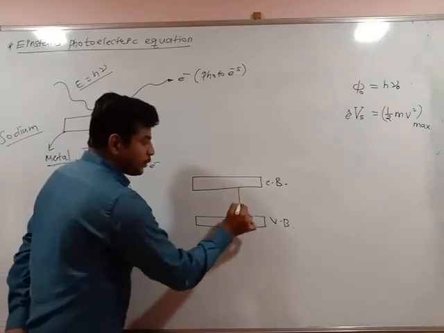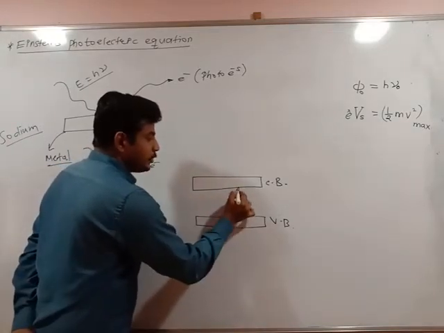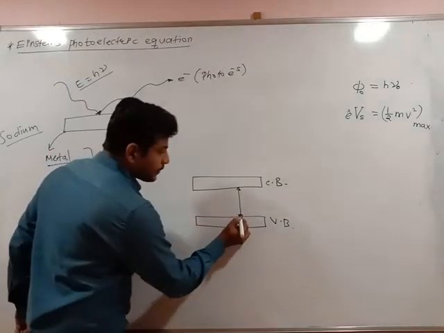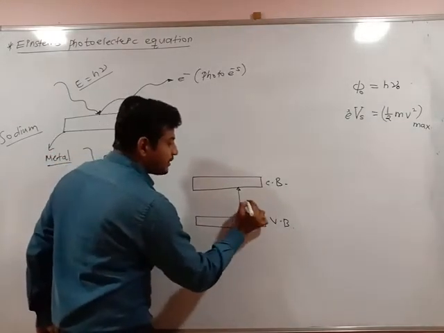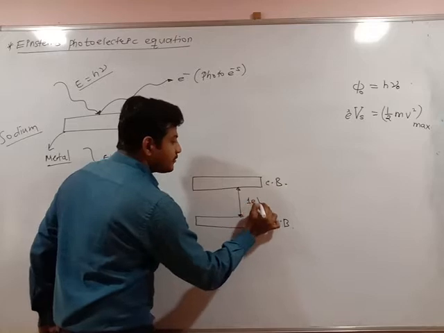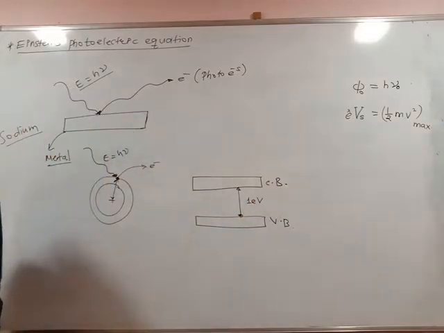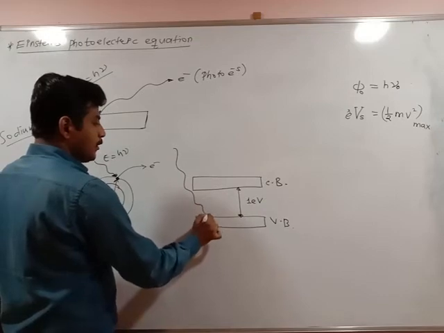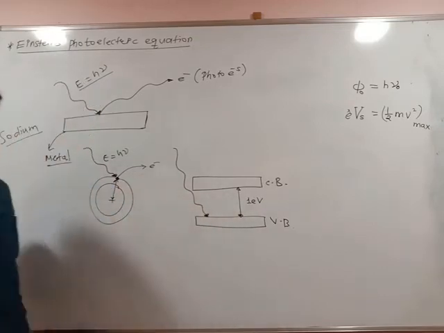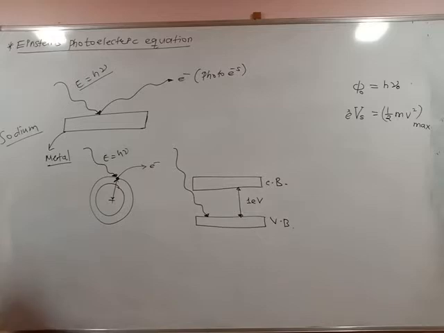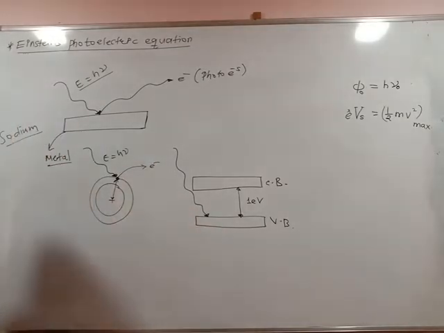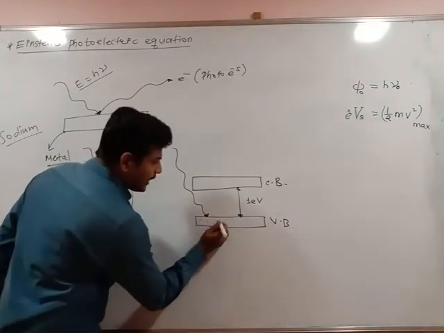Suppose the band gap for sodium, if the metal surface is sodium, is 1 electron volt. Now the photon is striking on the valence band. I am not going to discuss how the valence band is formed. Already we have discussed how the valence band is formed and how the conduction bands are produced after the valence band. A number of electrons are present.